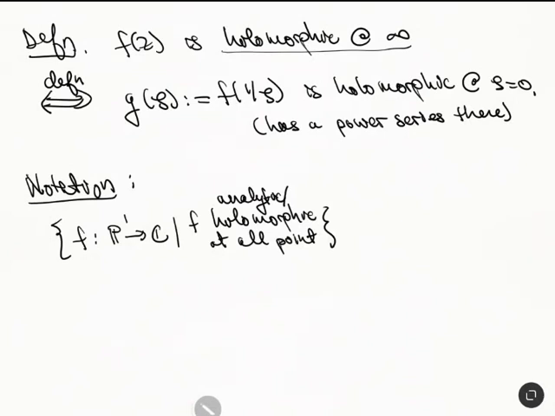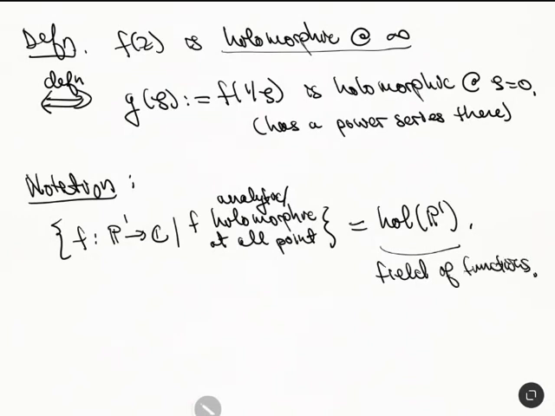This is going to be denoted using this notation. Okay, so this is a field of functions. Or not a field, it's a ring, because you can't divide by 0. There are going to be functions which have zeros. So this is the ring of functions on P1 which are holomorphic.